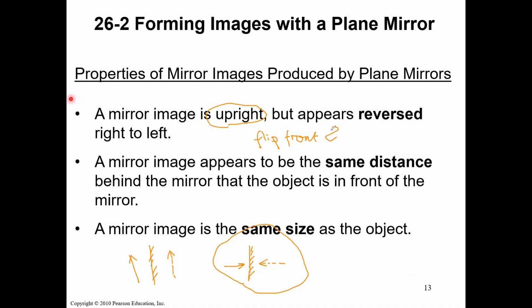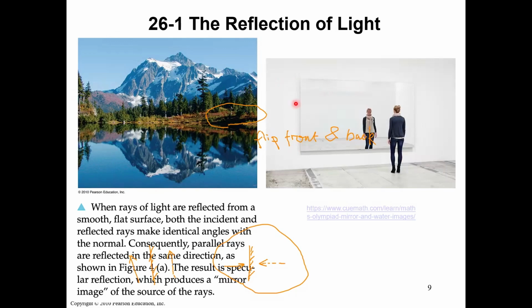Flips front and back. Now if we're talking about a person, we always define left and right with respect to the front or face of the person. We find out that the image actually reverses right and left. But the mirror doesn't know which direction is upright or left and right. It only knows two directions.